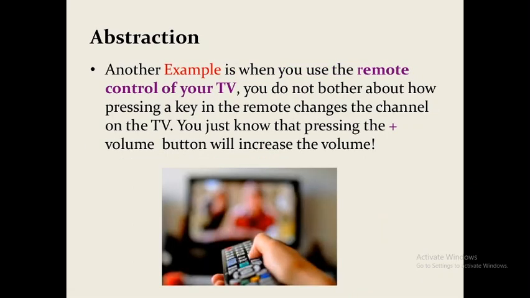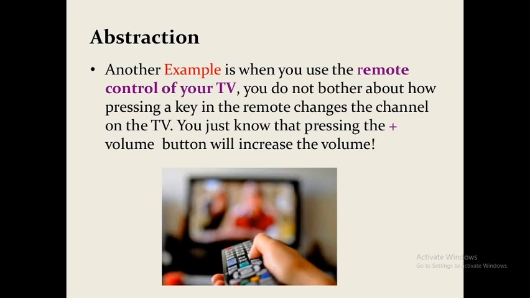One more example: we watch TV and we use the remote for that. When we press a particular button on the remote, only that particular channel is switched on. It is not that we press a button and different activities happen on the TV screen.